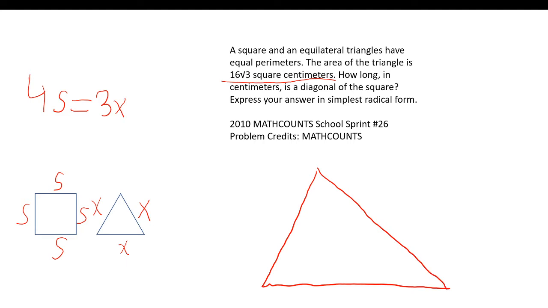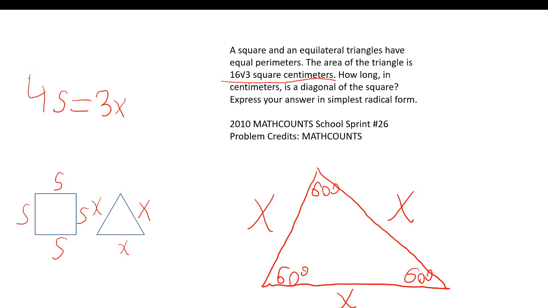Now, if this is an equilateral triangle, all angles are 60, correct? And then we have x as our side length. Now you should know your special right triangles. We talked about them in the other geometry videos.